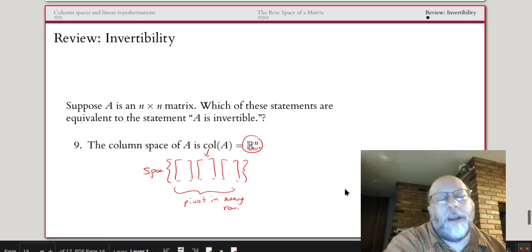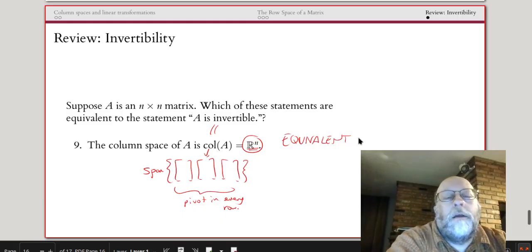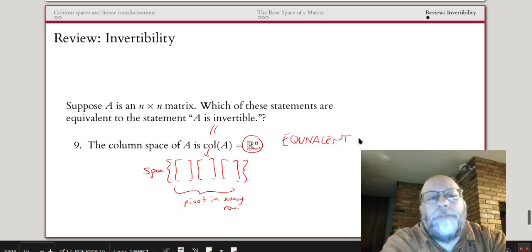And if there's a pivot in every row, then the matrix is invertible. These are equivalent. Saying that the column space is all of Rn and not a subspace of Rn is equivalent to saying that the matrix is invertible.